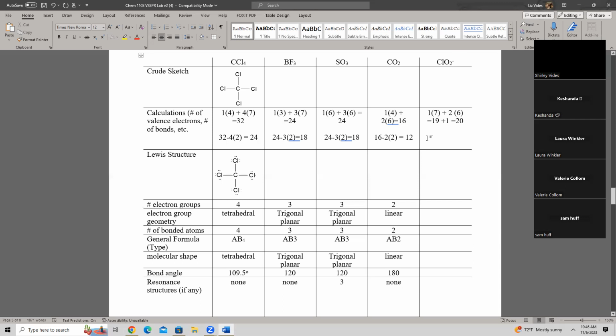Okay. So now if we did the Lewis structure like we're supposed to, we would see chlorine and oxygen, right? Like this. All right. So we now need to take from those 20, we subtract 2 times 2, which gives us 16 total.